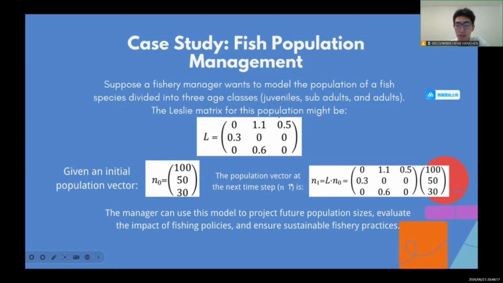The population vector at the next time step n1 is n1 equals L n0. And the manager can use this model to project future population sizes, evaluate the impact of fishing policies, and ensure sustainable fishery practices.